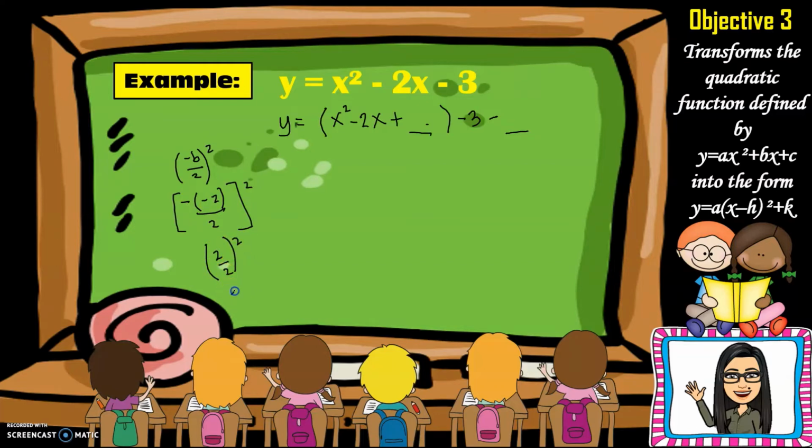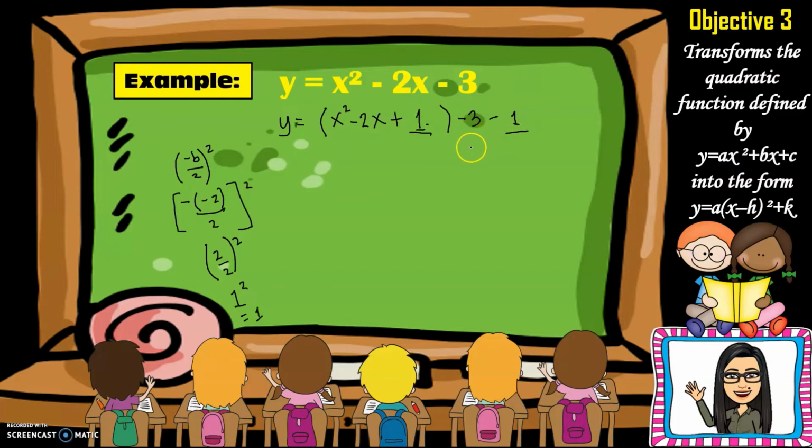So, 2 over 2 is just 1 and then squared. And 1 squared is just 1. So, therefore, the value we will supply here is positive 1. As said in step 3, by adding it here and subtracting it in the term outside.